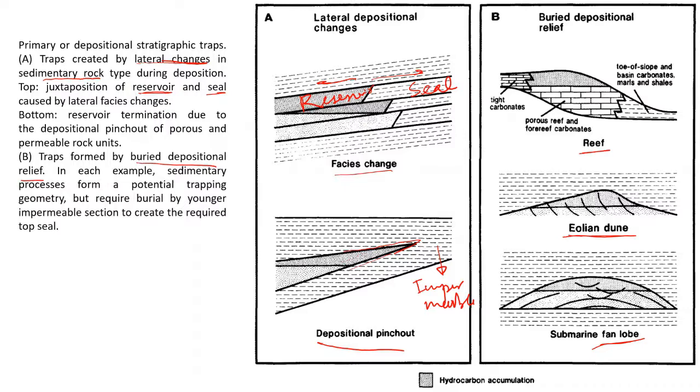And how does this happen? The sedimentary processes form a trapping geometry but require burial by a younger impermeable section. So this could be an older permeable section which is overlain by a younger impermeable section, and they may form the trap over there.